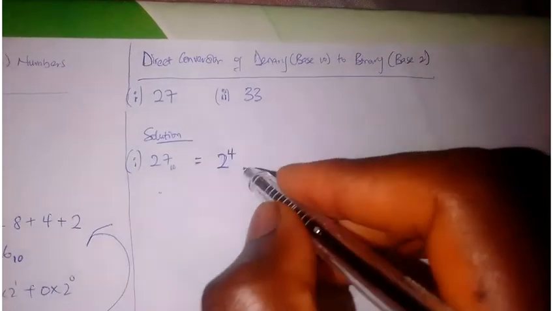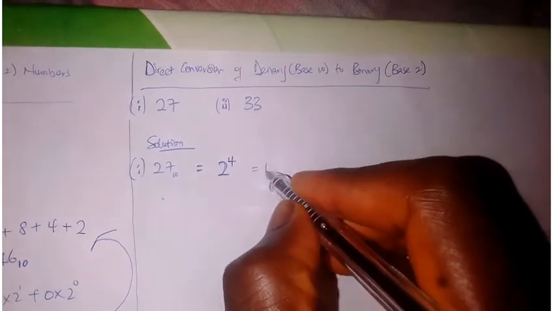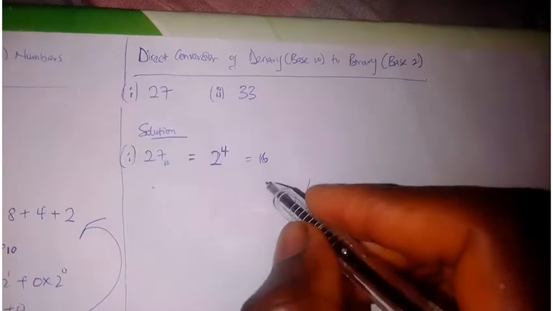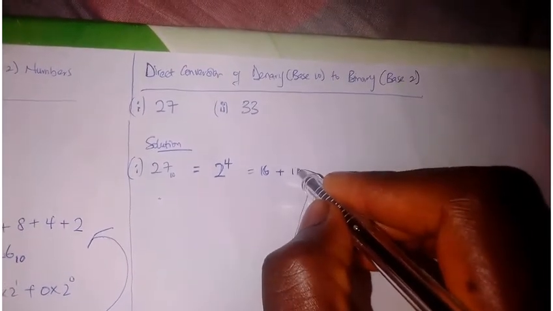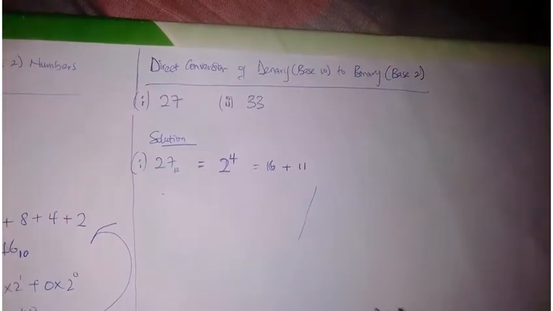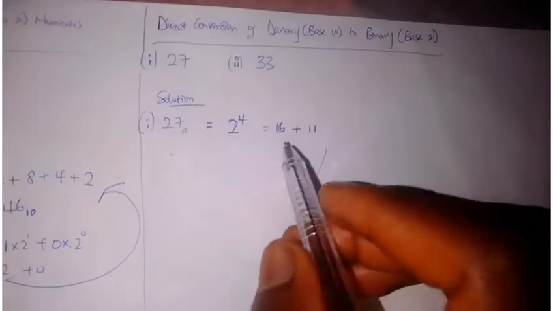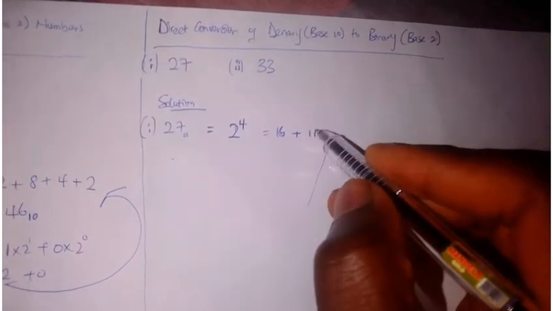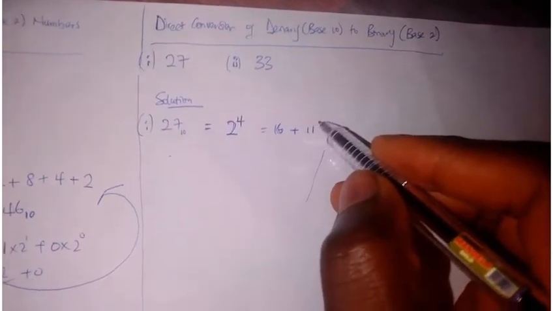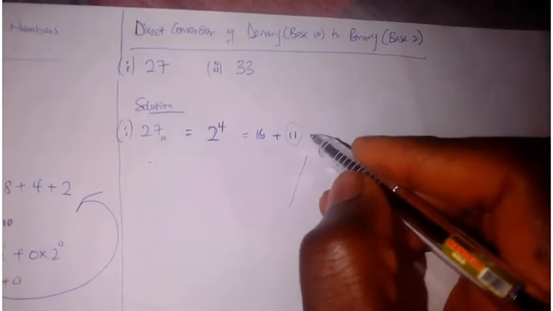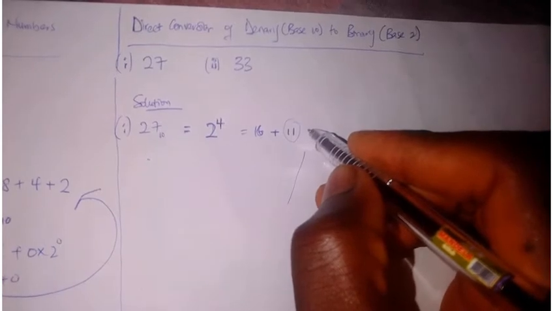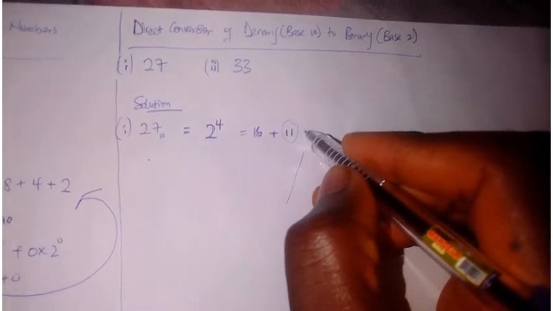Take notes. Now this is 2 raised to power 4. 2 raised to power 4 is what? 16. 16 plus what will give us 27? 16 plus 11 will give us 27, isn't it? Now, since 16 plus 11 will give us 27, what other 2 raised to power can I get in 11? If I split it down, 2 raised to power 2 is 4, 2 raised to power 3 is 8, isn't it?